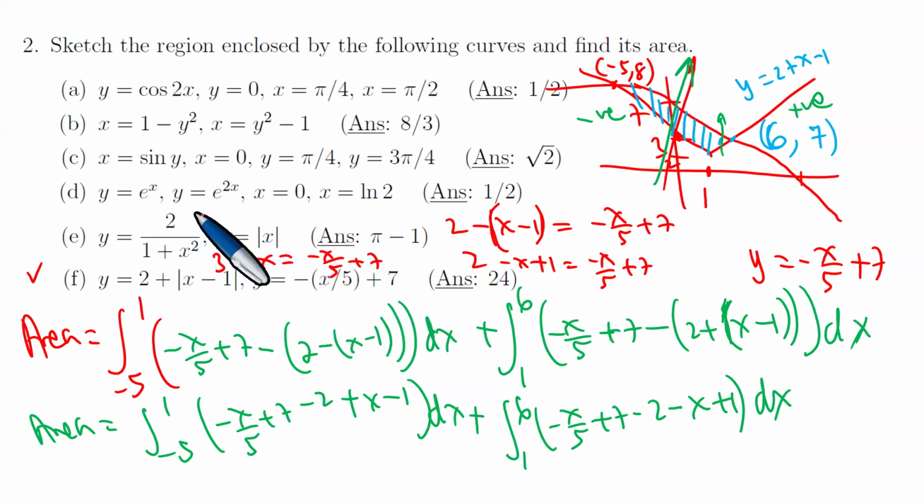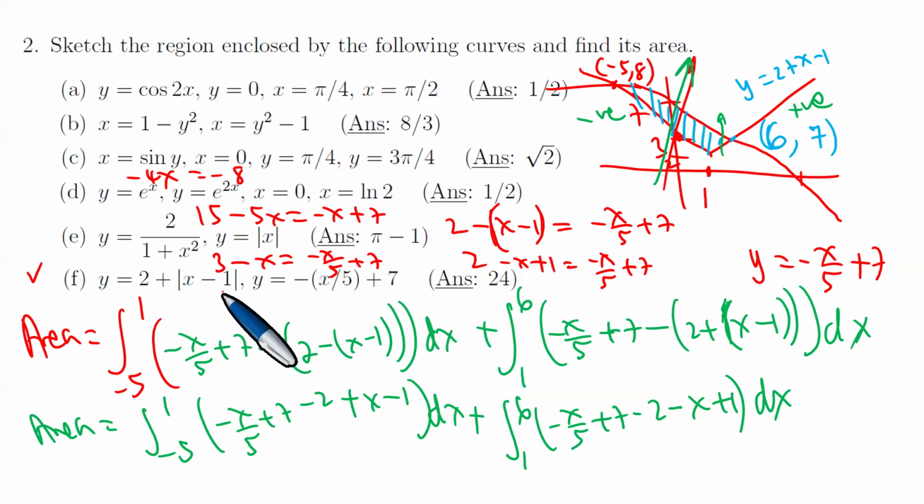Multiply it through by 5. You get a 15 minus 5x, which is minus x plus 7. You bring it across, which is minus 4x, which is then equal to minus 8.